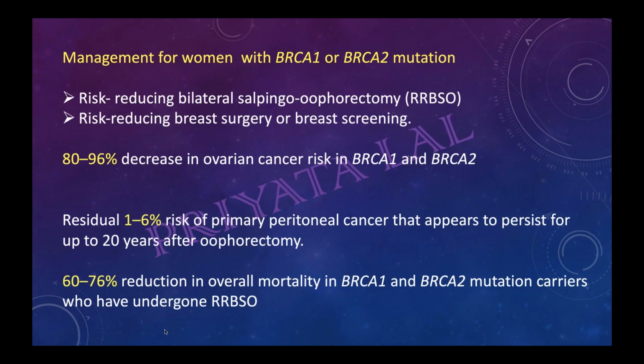Okay, so now if a patient has a BRCA1 or BRCA2 mutation, what will you do? There are a few things to consider. The patient is worried. Why? Because of ovarian cancer and breast cancer. For ovarian risk, what can be done is risk reduction surgery, that is bilateral salpingo-oophorectomy.